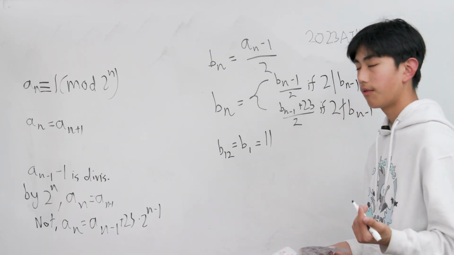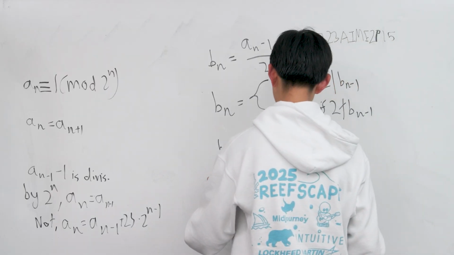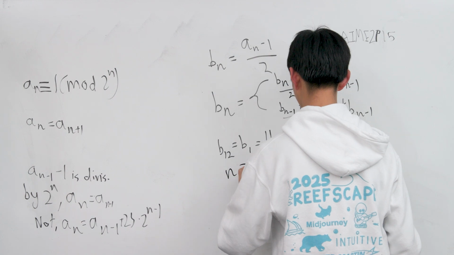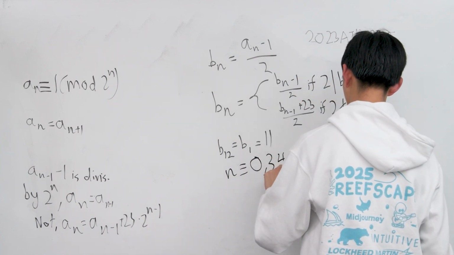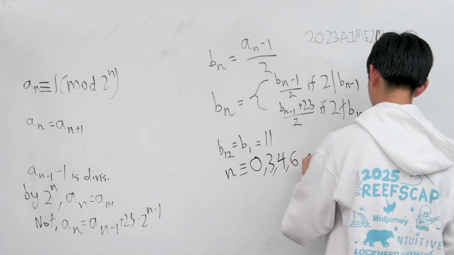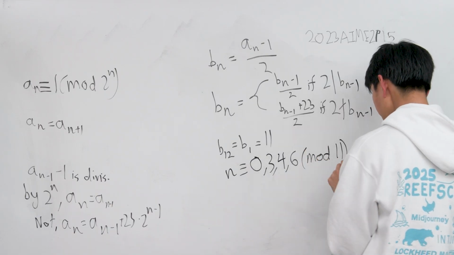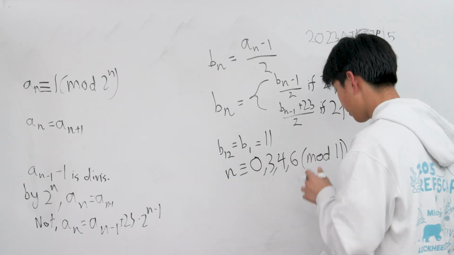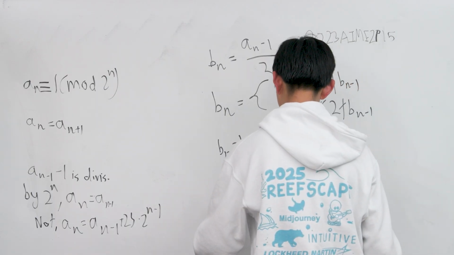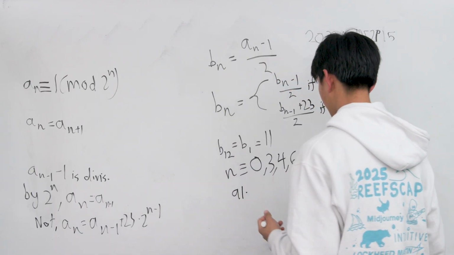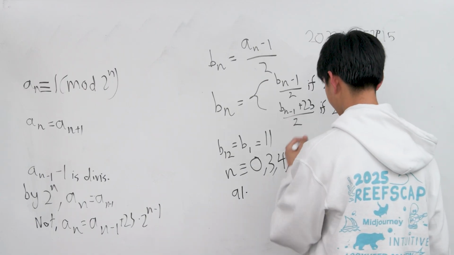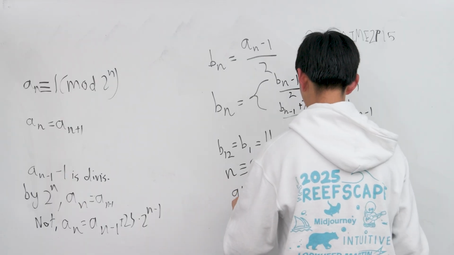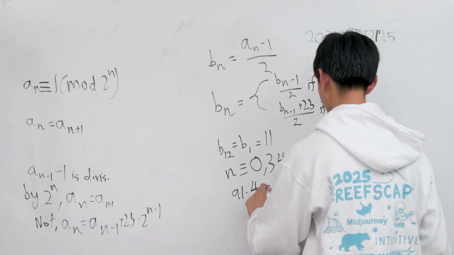Then we now know that n has to be congruent to either 0, 3, 4, or 6 mod 11. From the numbers 0 to 1001, we have 91 groups, and we have 4 of these numbers in each group.